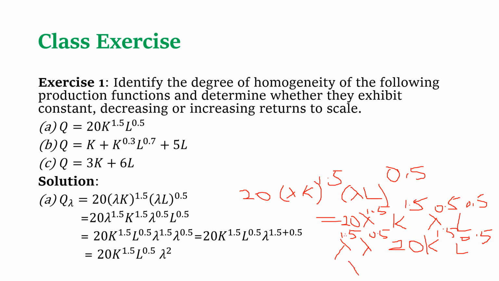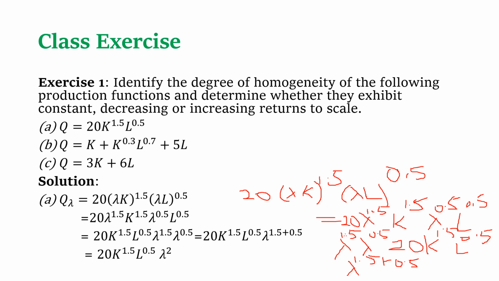So this is lambda raised to the 1.5 plus 0.5. So you have lambda to the 1.5 multiplied by lambda to the 0.5 is just lambda to the 1.5 plus 0.5. All you need to do is to add the exponent.